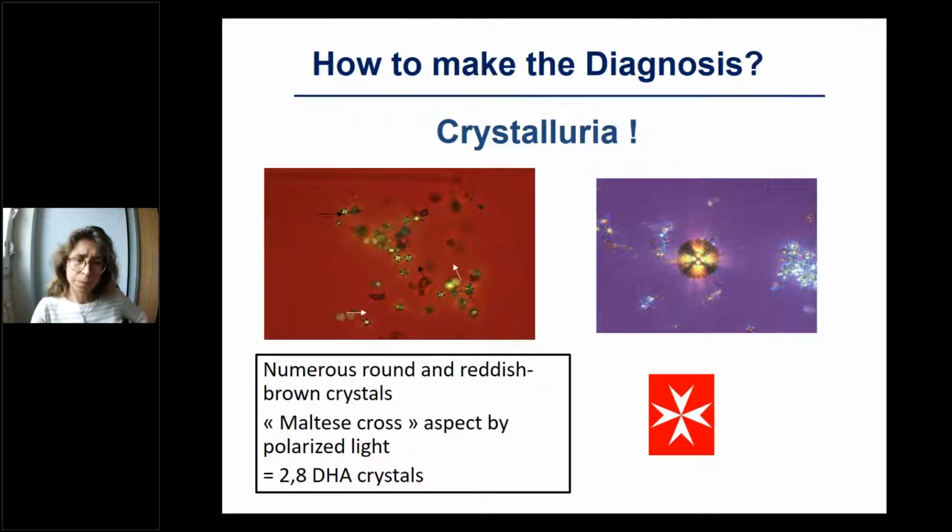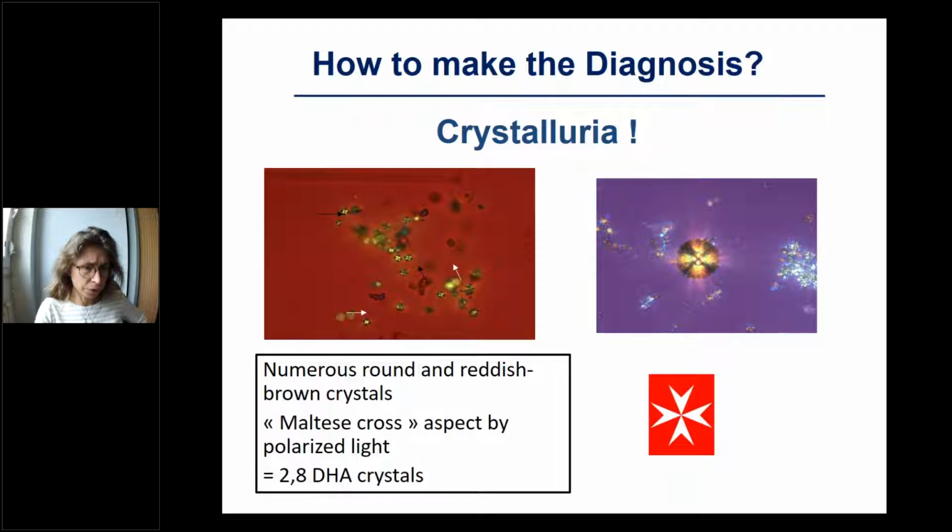My answer would be you should first perform crystalluria if it's available in your center, because this patient has no stone at the moment you see him. So you have not the possibility to perform a stone analysis. Of course, in the past, the urologist should have performed a stone analysis. But now we have the patient in front of you, and you can perform a crystalluria.